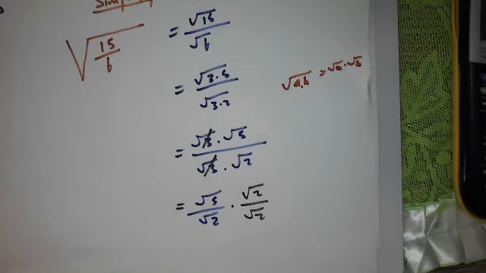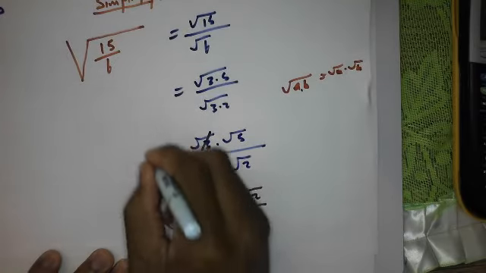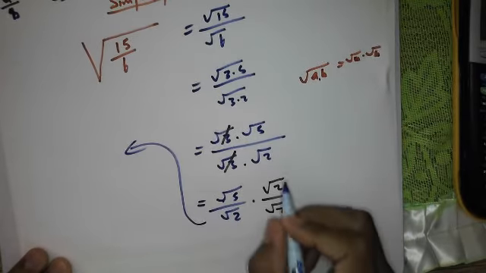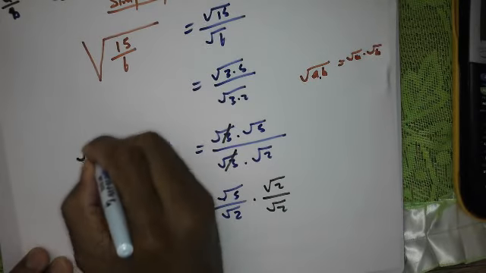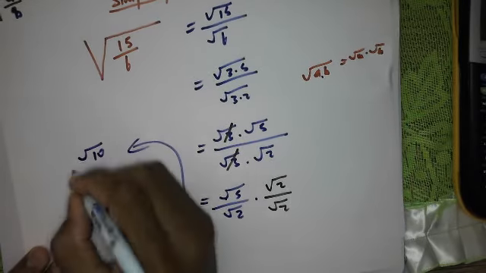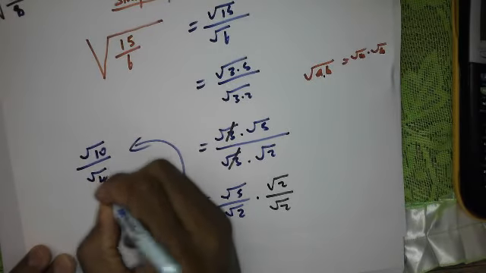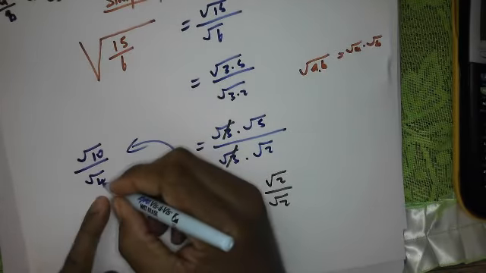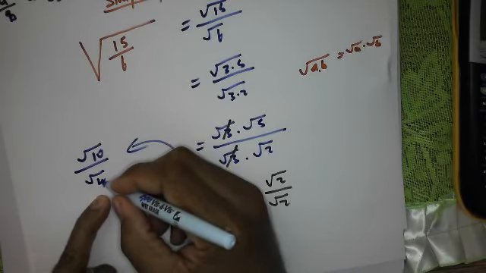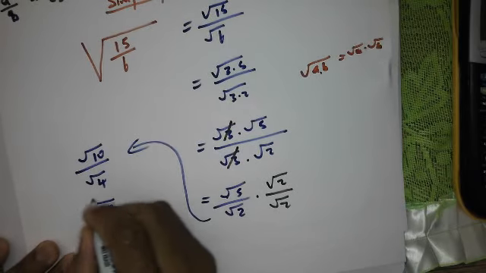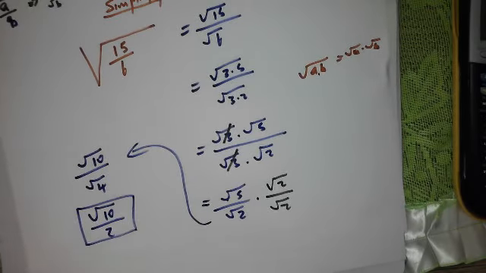So this part here, root 5 times root 2, would be the same as root 10, over root 2 times root 2, which is the same as root 4. But we know what the square root of 4 is. The square root of 4 is 2. So our final answer is just root 10 over 2. And this is our final answer there.